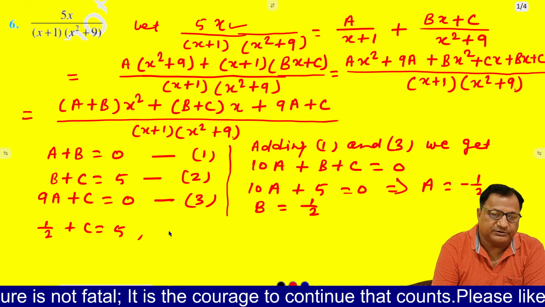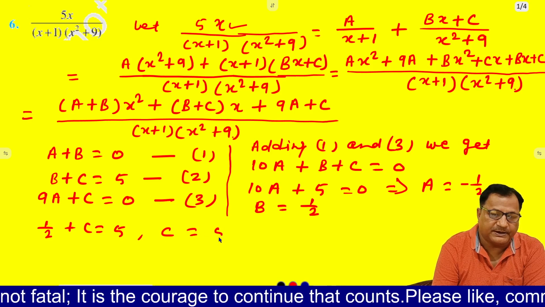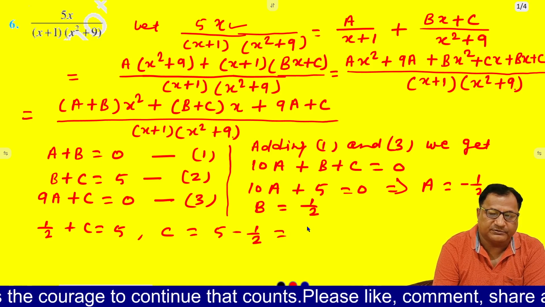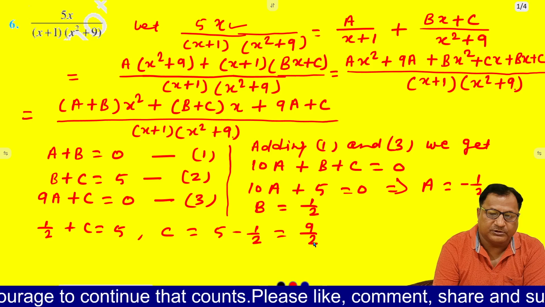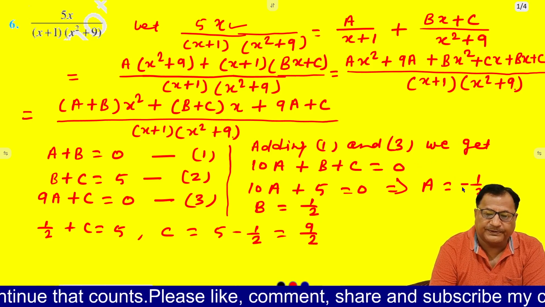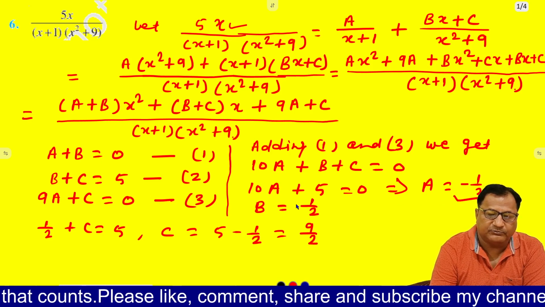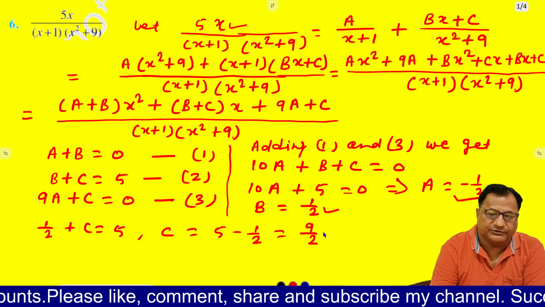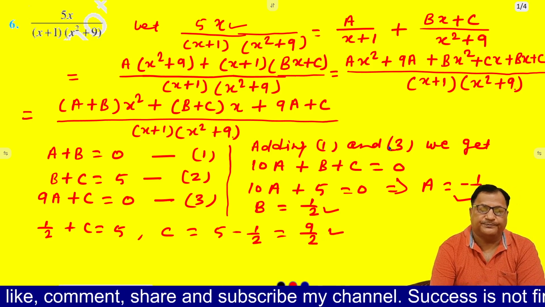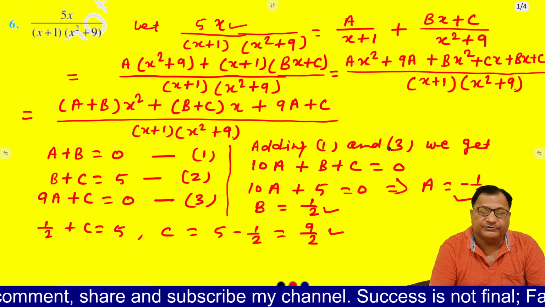So C equals 5 minus 1 by 2, means 9 by 2. So we have got the values of all: A equals minus 1 by 2, B equals 1 by 2, C equals 9 by 2. Now we will put them here in this equation.